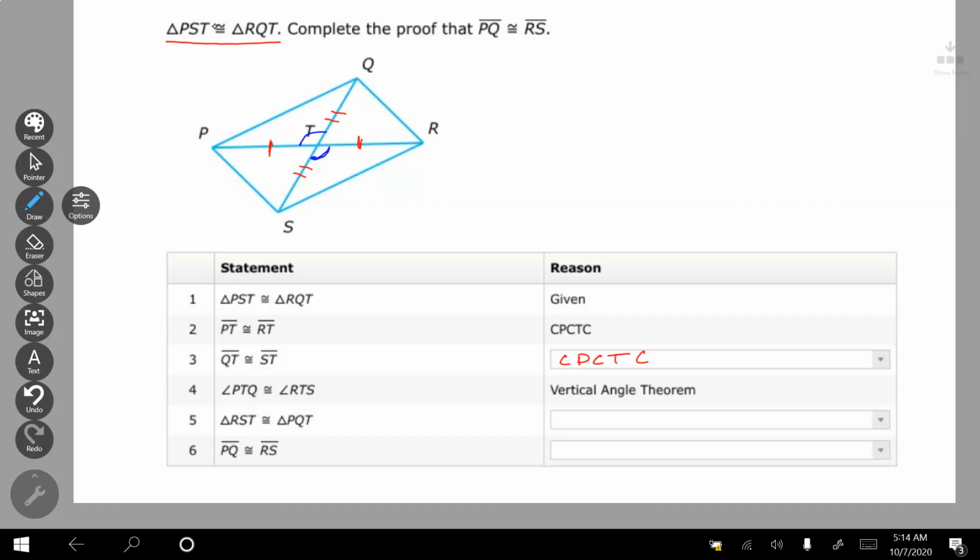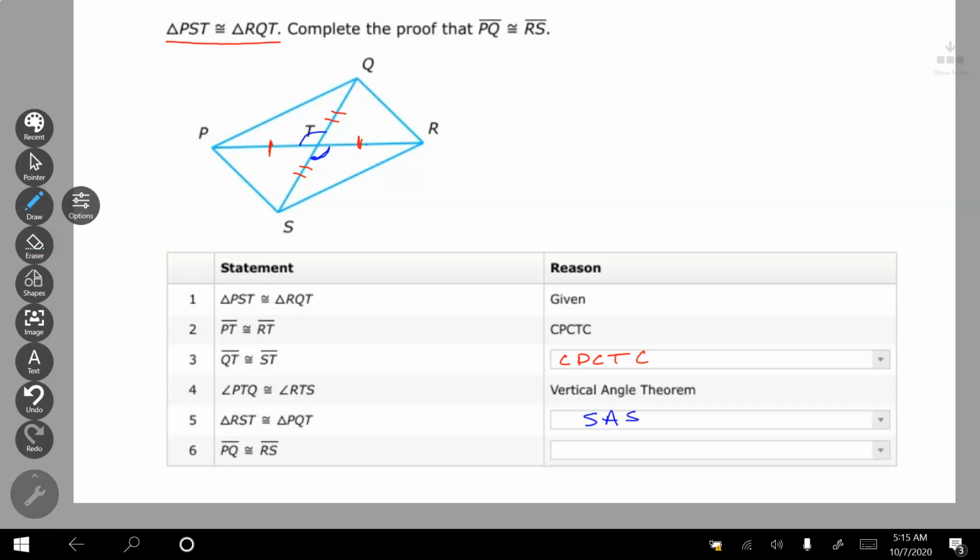Now I can say that this triangle, RST, which is this bigger triangle on the lower right, is congruent to this triangle PQT, which is on the upper left, based on the idea that I have side, angle, side.